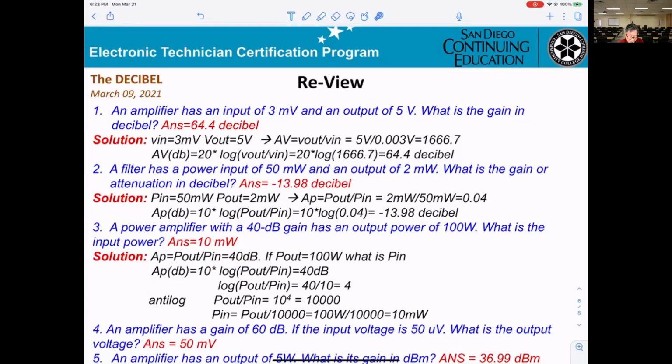So you take 10 times log of P out divided by P in equals 40. Get the log only. Log of P out divided by P in equals 40 divided by 10. You get 4. Take the log out. P out divided by P in is 10 to the power of 4, you get 10,000. Therefore, P in equals P out divided by 10,000. You get 10 milliwatt.